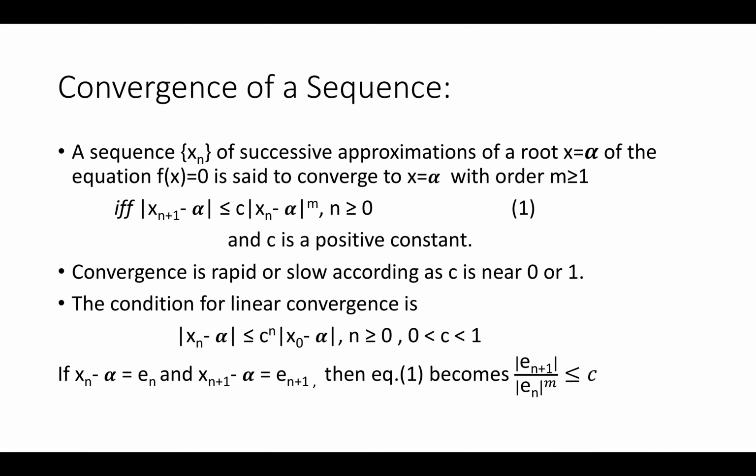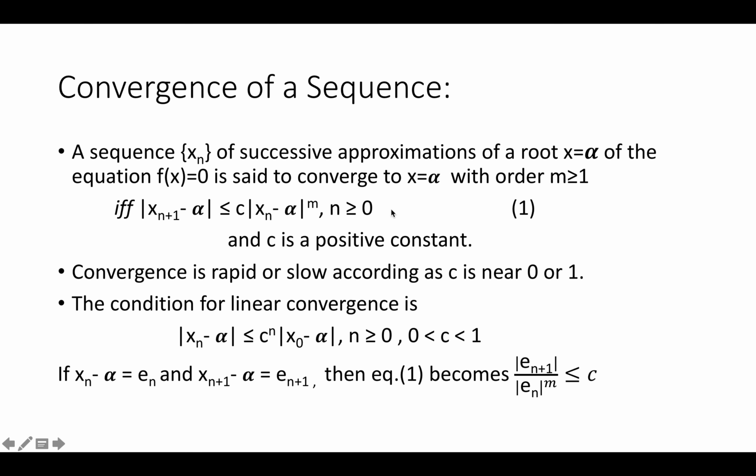Now if we denote the error at the nth iteration, what is the error at the nth iteration? It is the value of the root at the nth iteration minus the actual root. So this is the error at the nth iteration, en, and the error at the n plus 1 iteration, xn plus 1 minus alpha, is denoted by en plus 1.